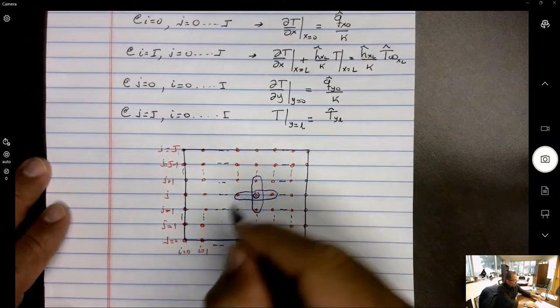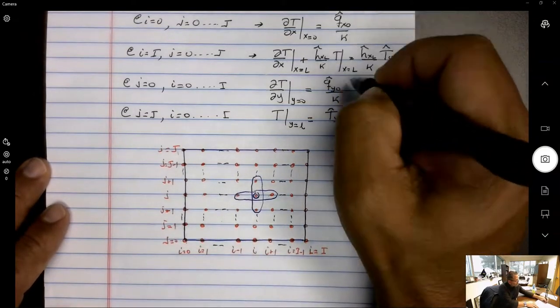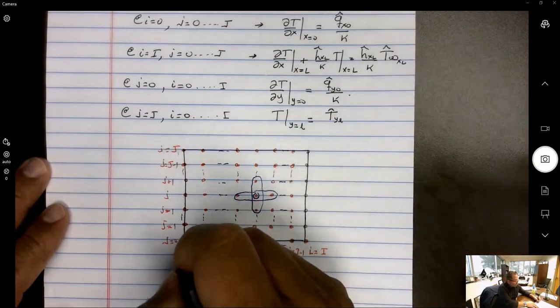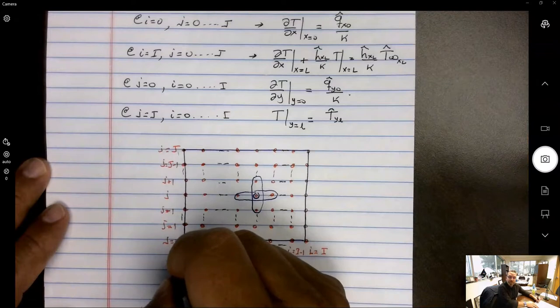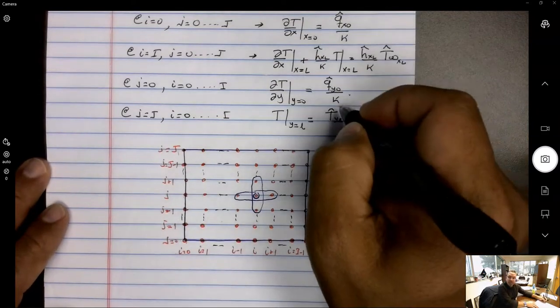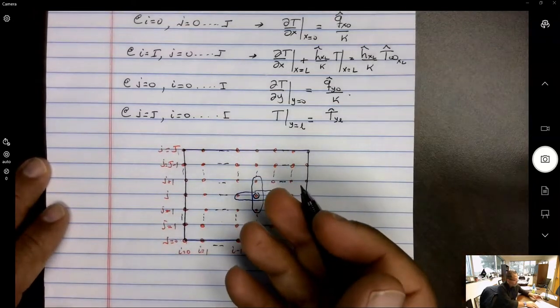So we're implementing this boundary condition from the left and this boundary condition from the bottom. Now, because those two boundary conditions are heat fluxes, right? We have to take an average of the two. We cannot have this temperature be related to two separate heat fluxes, because then we'll get two different values of temperatures at the next time level.